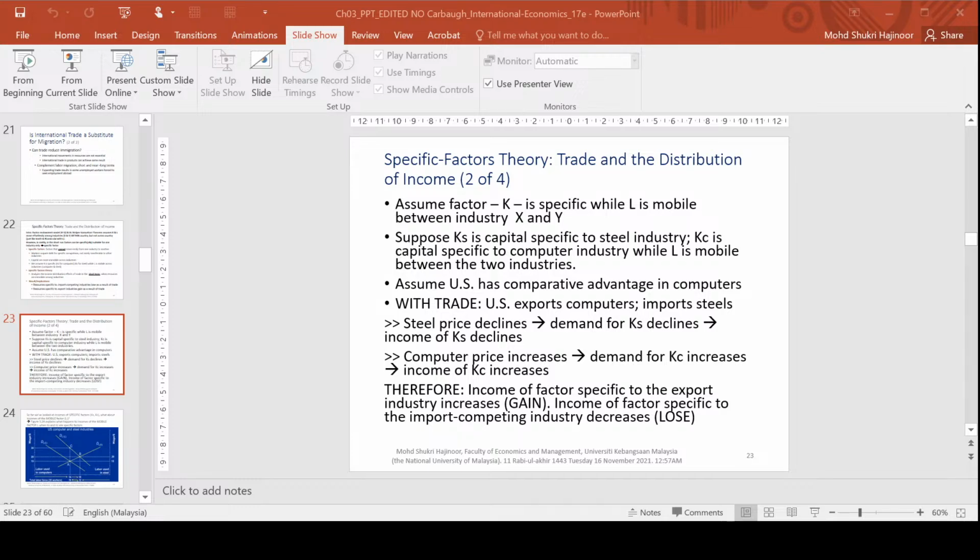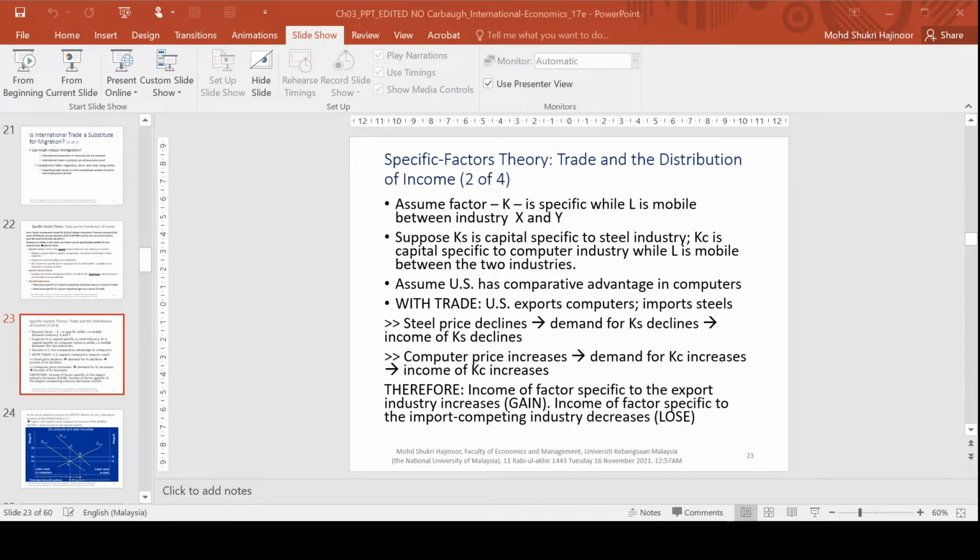However, in the long run, we assume no specific factors. So we go back to the normal situation of the Heckscher-Ohlin theorem and the Stolper-Samuelson theorem. The income of the factor abundant in the country, which is used intensively in the product that the country specializes in and exports based on comparative advantage derived from factor endowment, will increase, will gain.